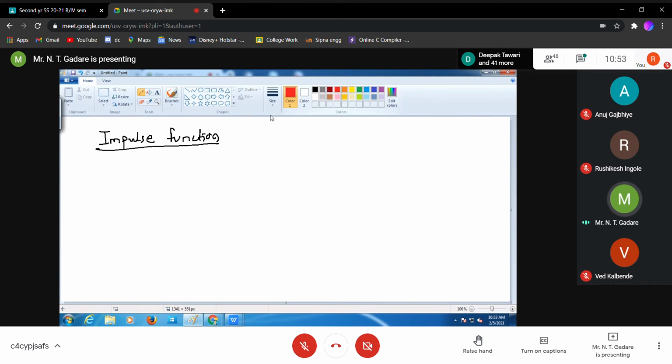And impulse function is always, जैसे कि u of t यूनिट स्टेप फंक्शन होता है, तो वैसे ही impulse function हमेशा del of t से शो किया जाता है. तो जब भी कभी दुनिया में we use del of t, so consider this function as del of t, means impulse functions. So impulse functions means what?